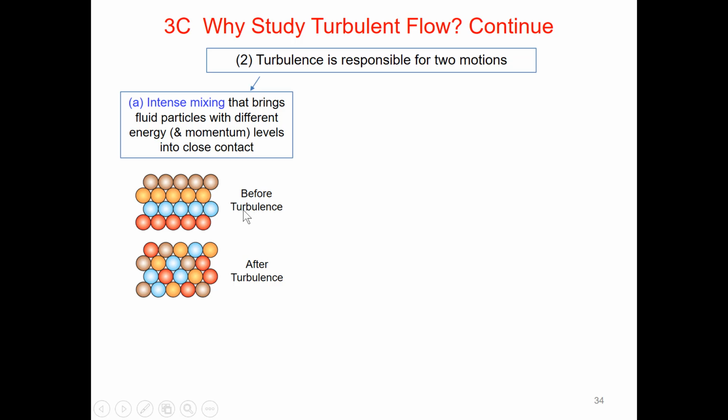Before turbulence, this is laminar flow. After turbulence, flow becomes turbulent, and the fluid particles you can see are well mixed. This indicates that the intense mixing will bring fluid particles with different energy, heat, and momentum into close contact.